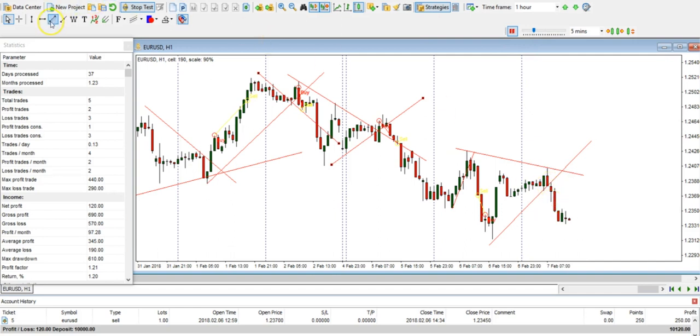Candle here broke it. It's around about 2 p.m. So we'll see where it finishes off.